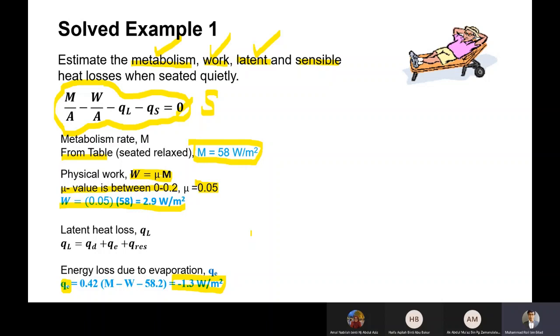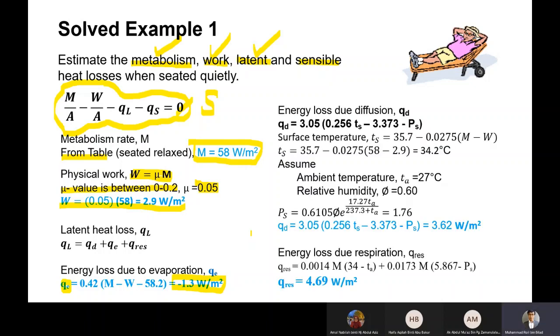You don't sweat. Some water might be condensed on your body, more or less. Next is the energy loss due to diffusion, which is the first fraction.